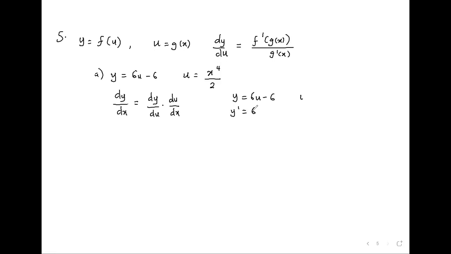And then differentiate u, we get 4x^3 over 2, which is equal to 2x^3. So you differentiate them separately, then you come here and multiply them. So we have 6 multiplied by 2x^3, so that we get 12x^3. Like that.